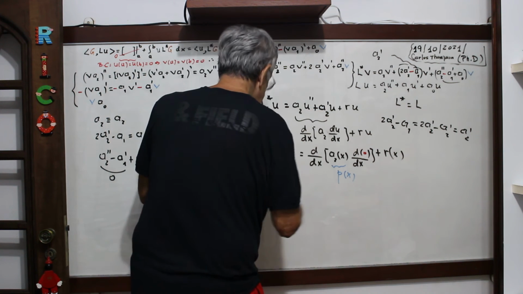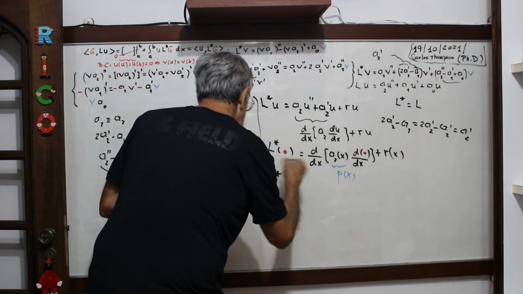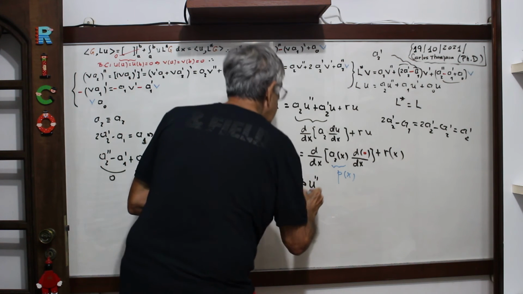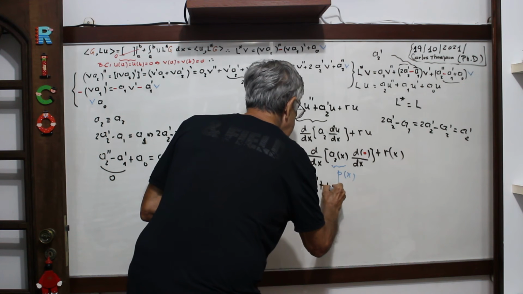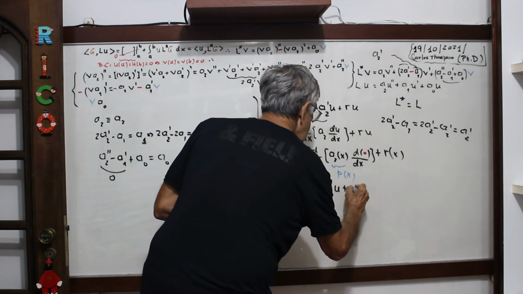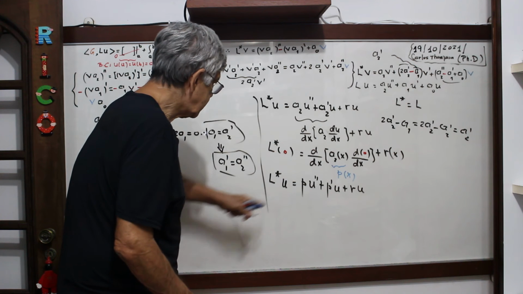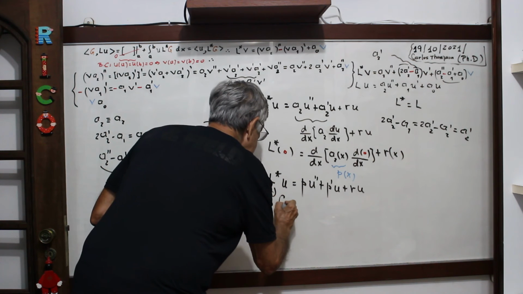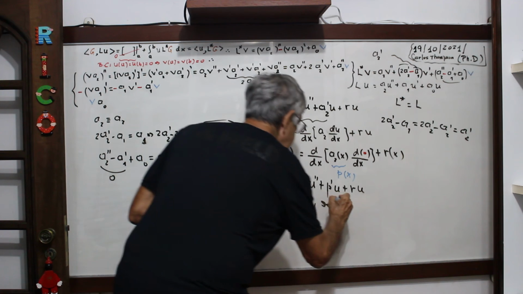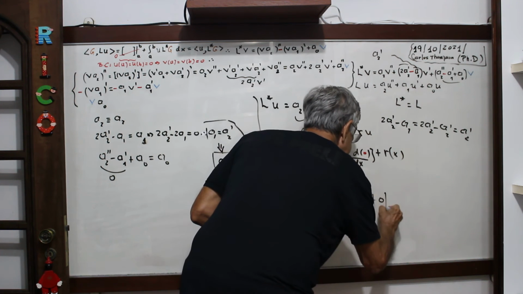So in general I can write L of U is equal to P U double prime plus P prime U prime plus R U. So this is a formally self-adjoint operator.